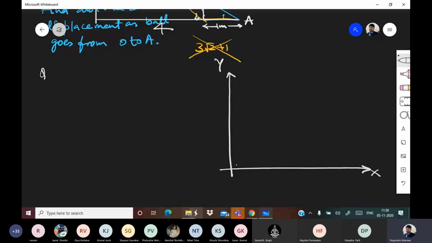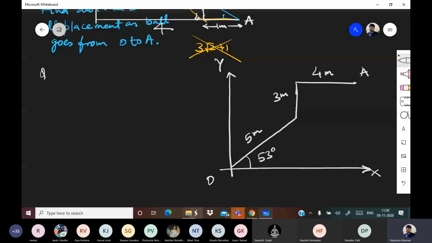There is an object which moves 5 meter, then 3 meters, and then 4 meters, like this. This point is O, this point is A, and this angle is 53 degree.